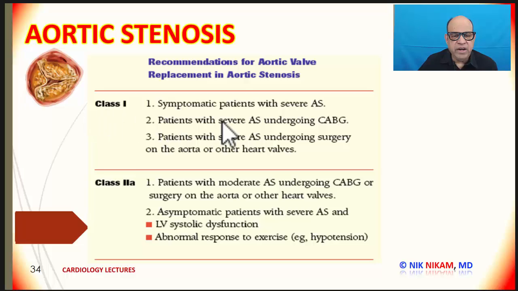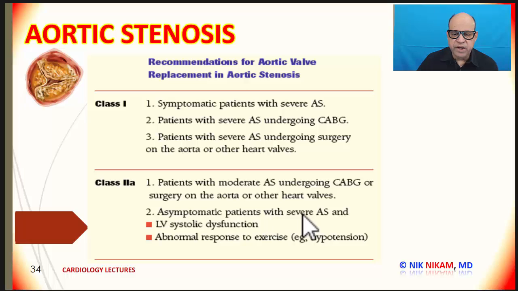Patients with severe aortic stenosis who also need to undergo coronary artery bypass surgery. Patients with severe aortic stenosis undergoing surgery on the aorta, for example, for aortic aneurysm or other heart valves like mitral regurgitation, etc. Class 2A indications are for patients with moderate aortic stenosis undergoing coronary artery bypass surgery or surgery on aorta or other heart valves.